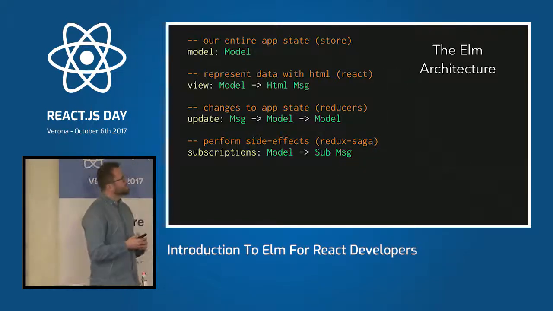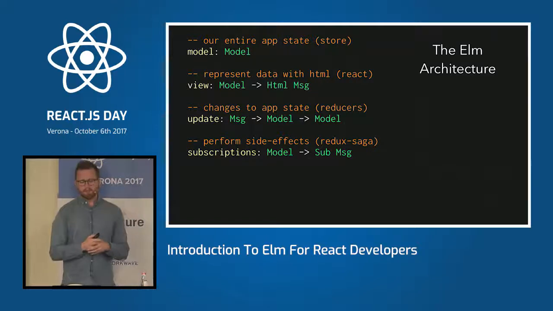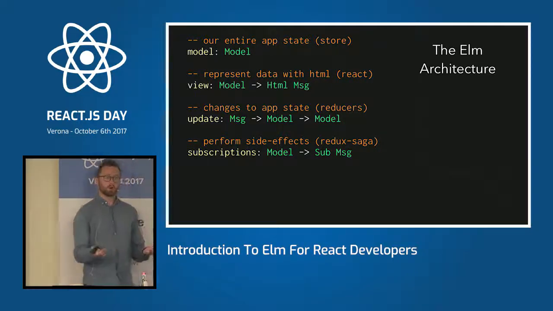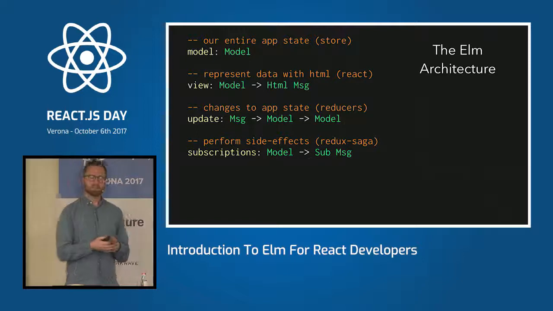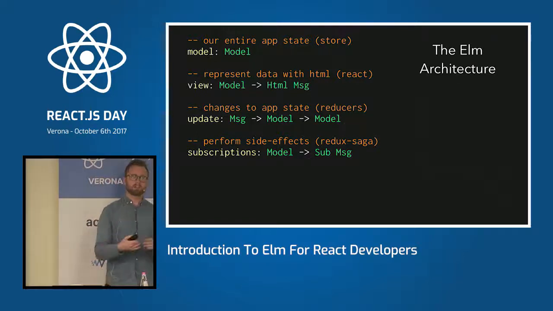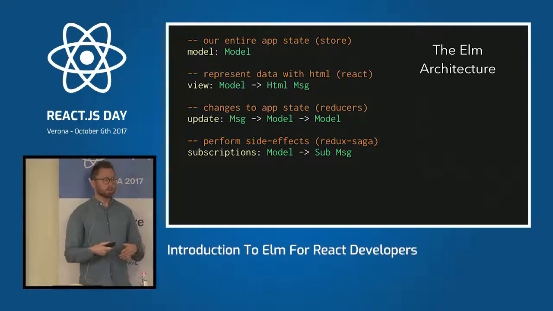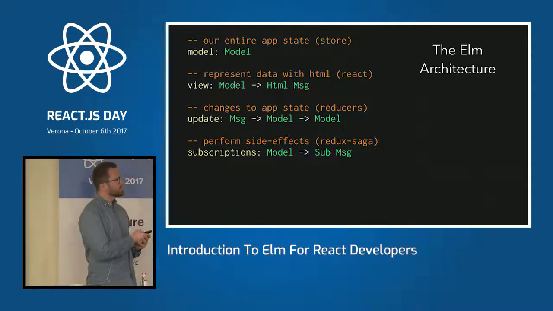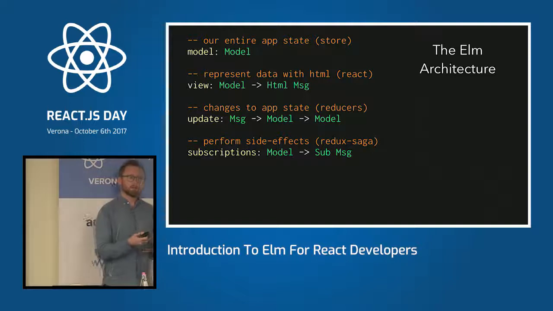So the Elm architecture should be very familiar to a lot of you. We need to represent our app state in a way. So we create a type alias called model. And we need to represent that data as HTML, which is our tree of React components in the React world. And that function takes the model, and it returns a tree of these HTML function calls.